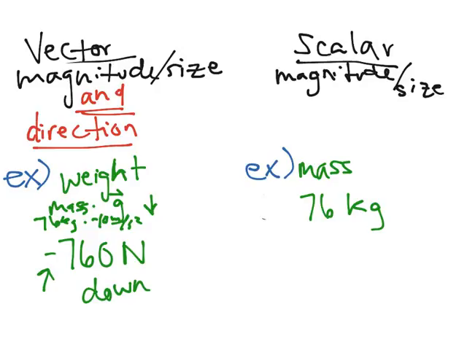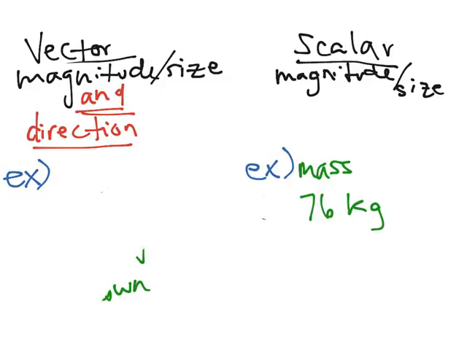So the important part to remember is that vectors and scalars are really similar. They both have a magnitude and a size, but a vector must have a direction associated with it. As to how it relates to your forces, force is a vector, therefore every time you have a force, you must have a direction.